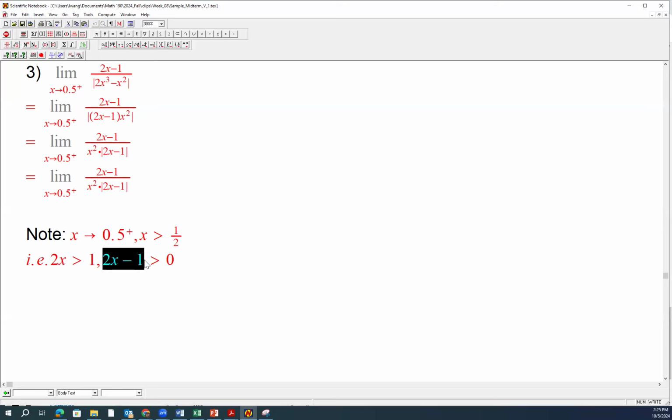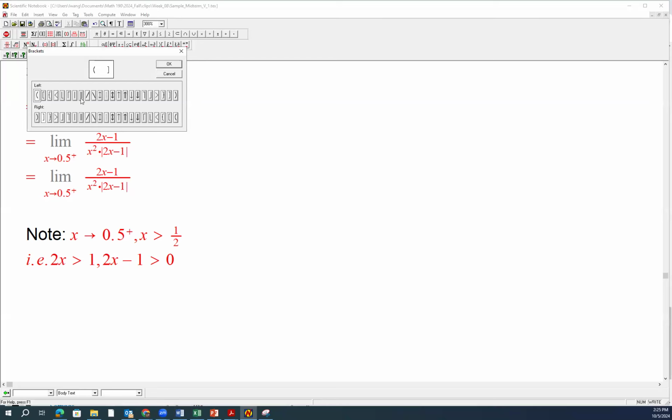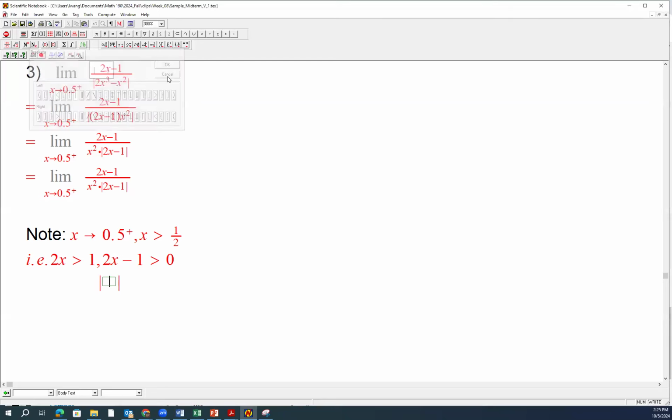If 2x minus 1 is larger than 0, then the absolute value of 2x minus 1 is what? Okay, it is the same as 2x minus 1, right? That's why here we're going to replace it, because the absolute value of 2x minus 1 is the same as 2x minus 1.